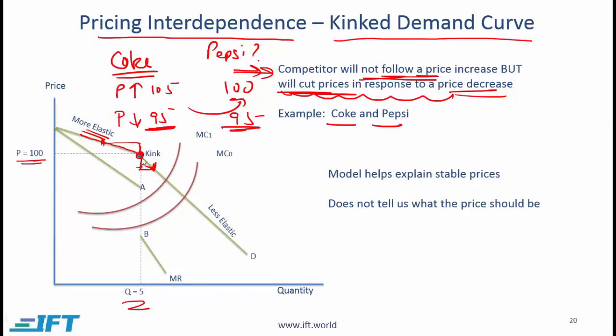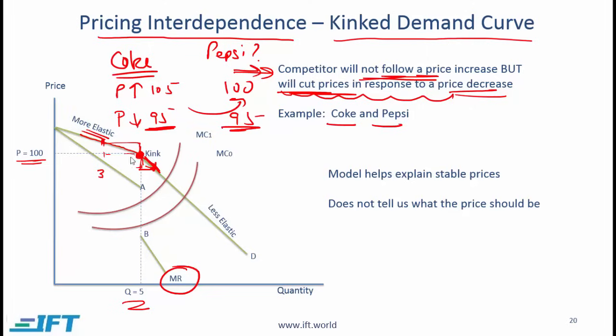So this part of the demand curve to the right of the kink is less elastic. Effectively, we have two different demand schedules in this particular model. Also note that we have a discontinuous marginal revenue curve.